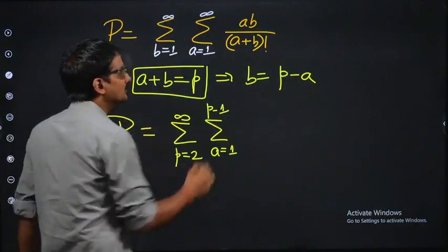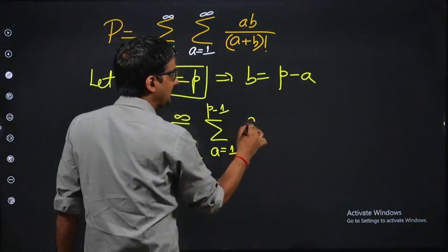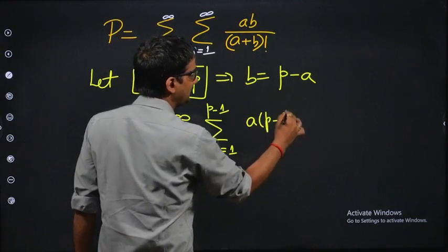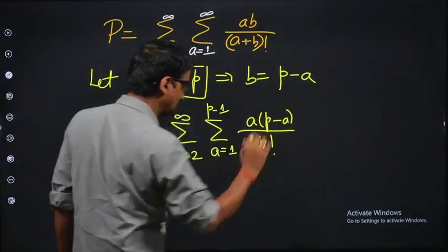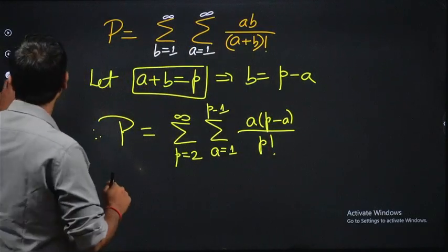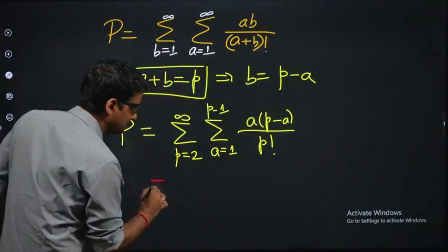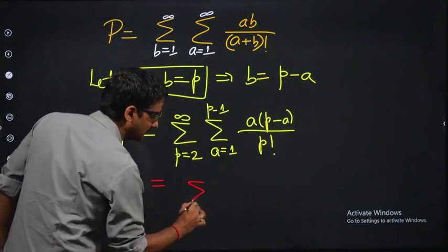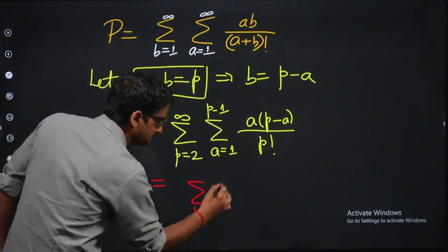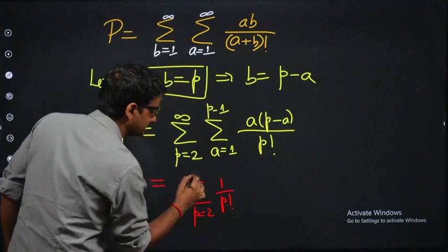So now it's a times (p minus a) over p factorial, and again a and p are two independent variables, so you can take p factorial out because it appears in the denominator as a product.